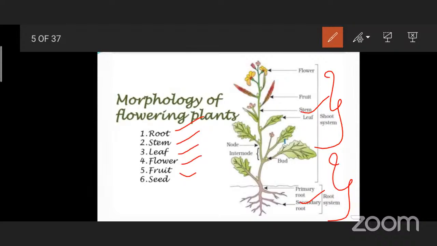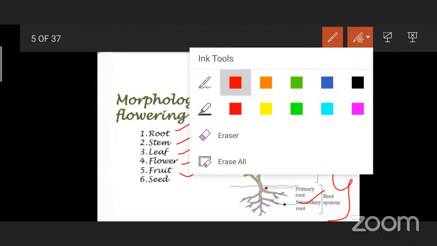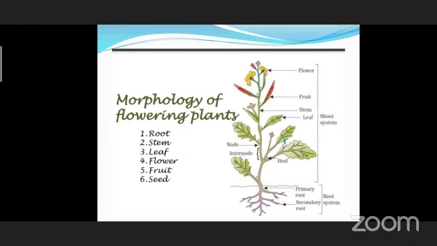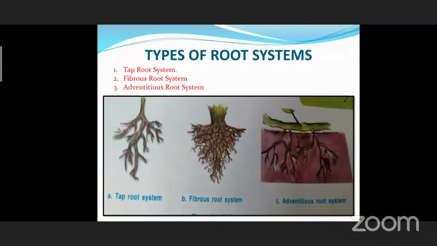I would like to give some information about the root. In this pandemic situation, the intermediate board has deleted 30% of the syllabus. So in this part also, some portions are deleted, that is parts 5.1 to 5.3: root, stem, and leaf. But I will give a small amount of information about the root.